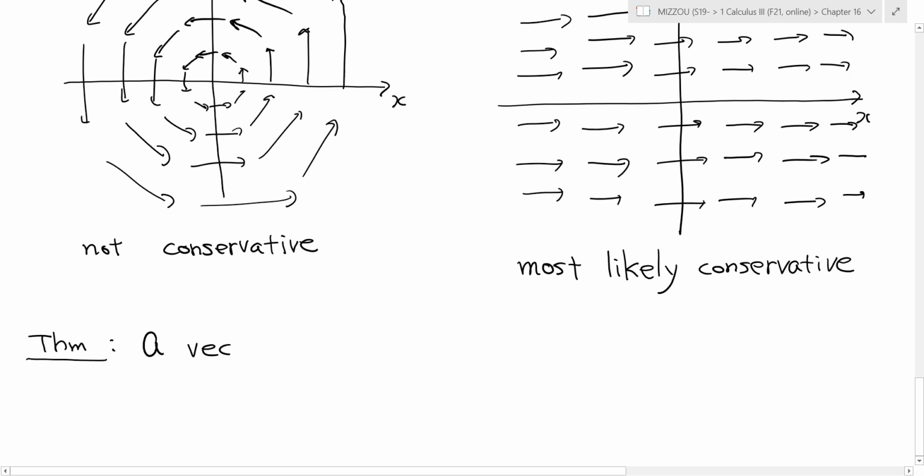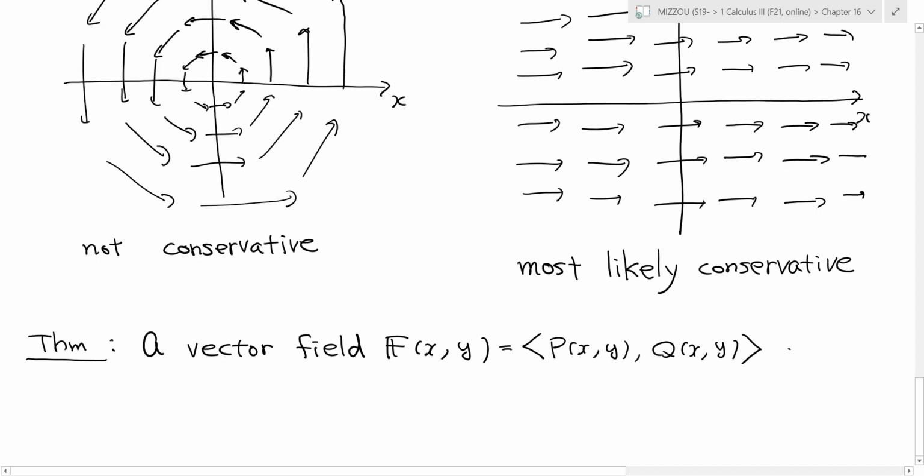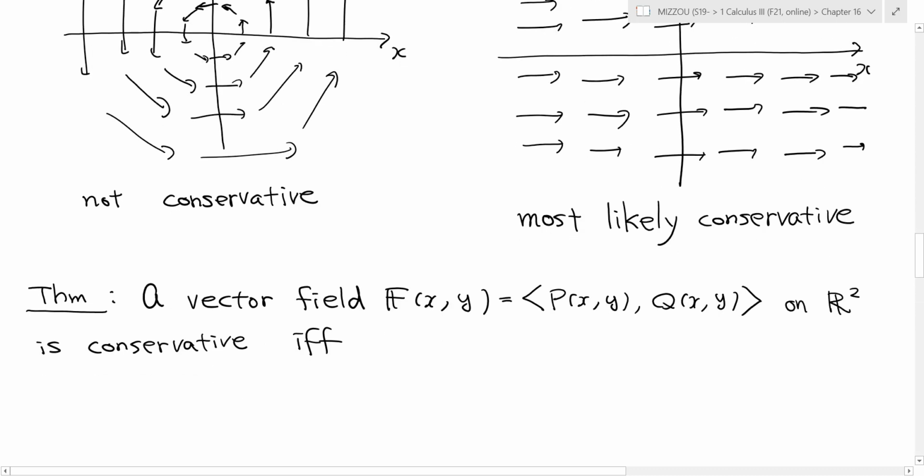A vector field f of x,y on R2, with x component p of x,y and y component q of x,y, is conservative if and only if partial p partial y equals partial q partial x.